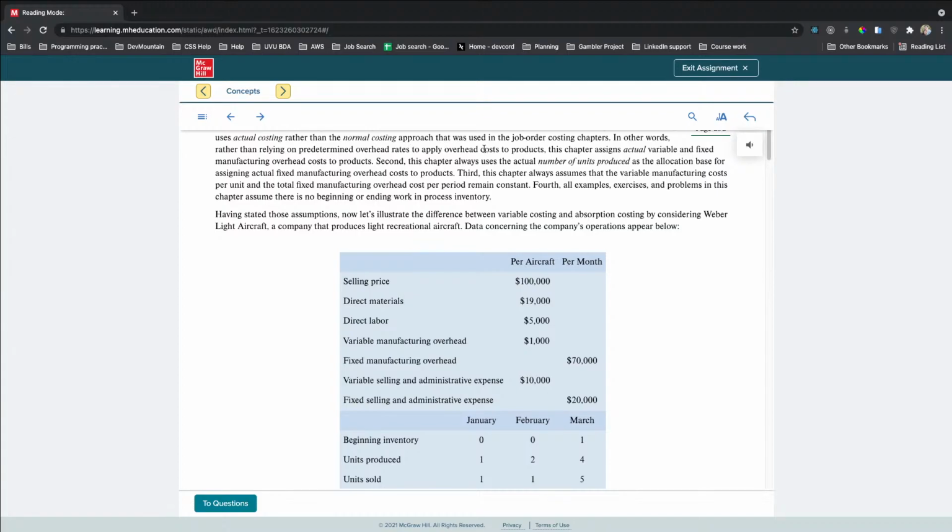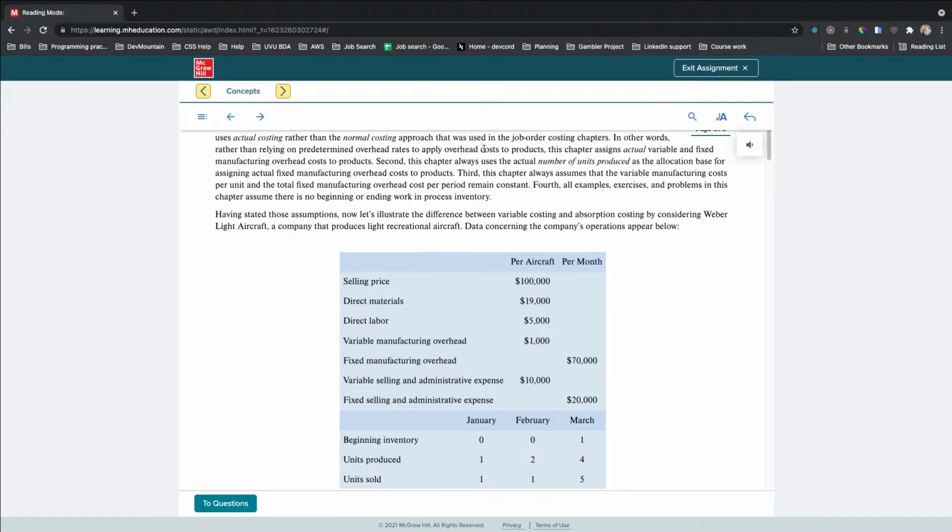In other words, rather than relying on our POER rates to apply overhead costs to products, this chapter assigns actual variable and fixed manufacturing overhead costs to products. Second, this chapter always uses the actual number of units produced as the allocation base for assigning actual fixed manufacturing overhead cost to products. I'm going to have to remember this.